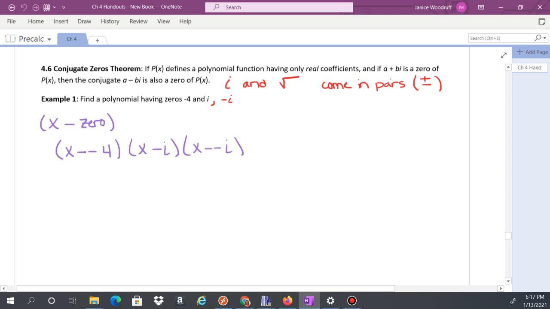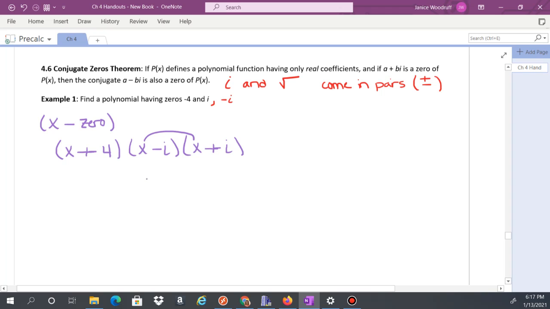So here I would make this a plus, and this one as well. You can multiply in any order you'd like, but when they come in pairs like that, it's easy because you know that your middle terms will cancel out. So I would do the x minus i, x plus i first, and you're just going to FOIL these two out.